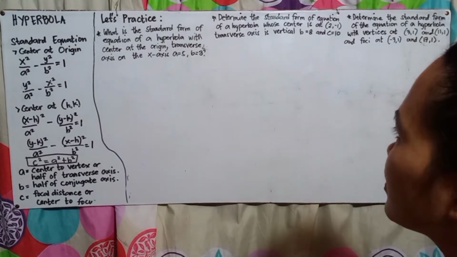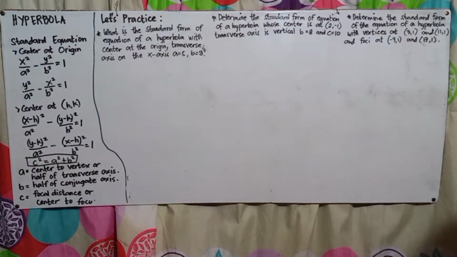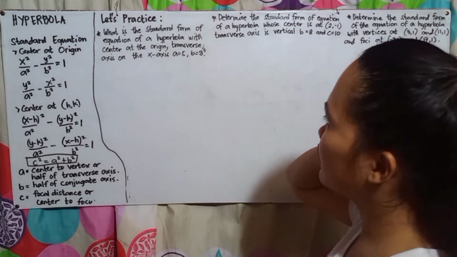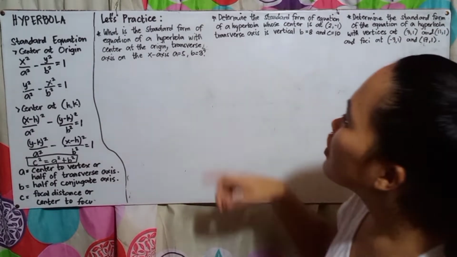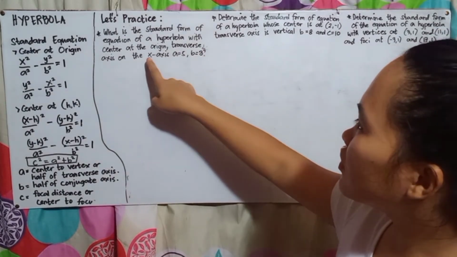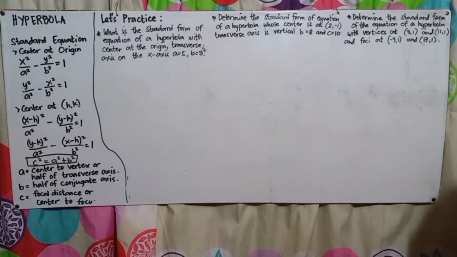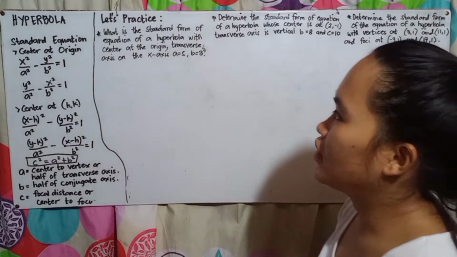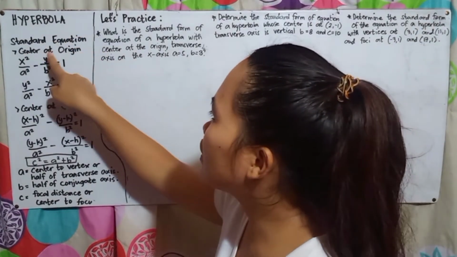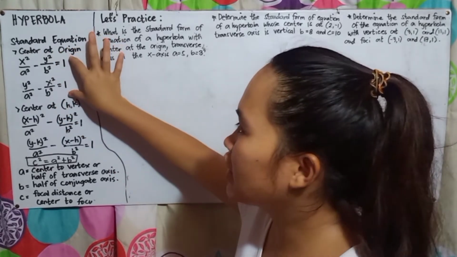So, what is the standard form of equation of a hyperbola with center at the origin? Transverse axis is on the x-axis, a equals 5 and b equals 3. This is the standard equation, center at the origin. So, magpili lang ta either sa duha.